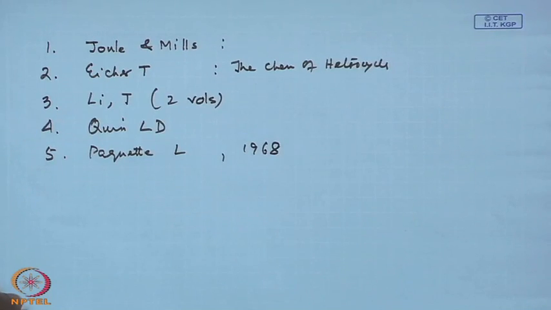We grew up with this book. It is pretty useful, easy to follow, and he was in heterocyclic chemistry to start with, but when people said heterocyclic chemistry is very easy and does not bring you name and fame, he quit heterocyclic chemistry. He started doing only carbocyclic chemistry.